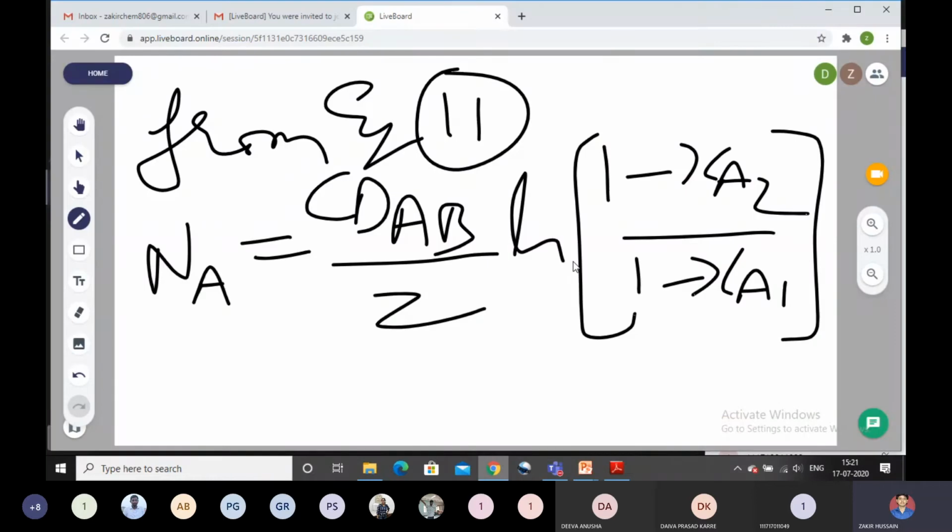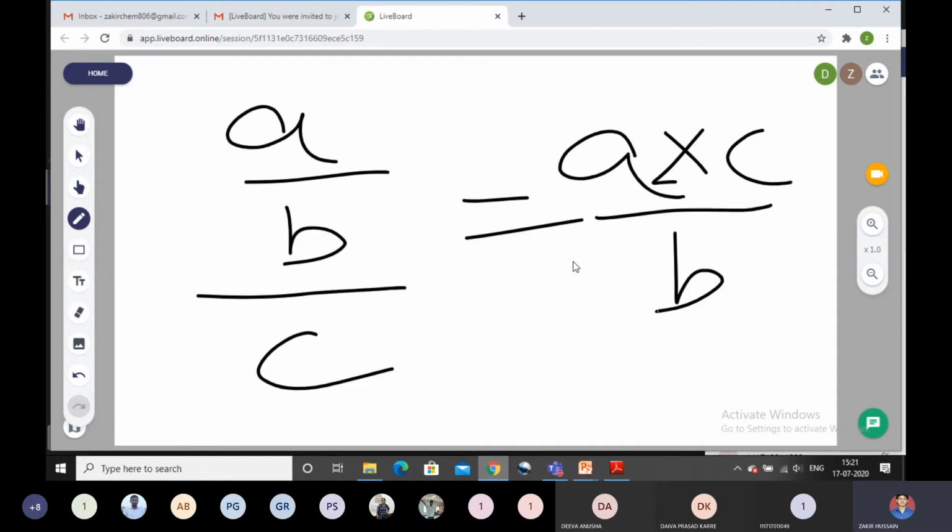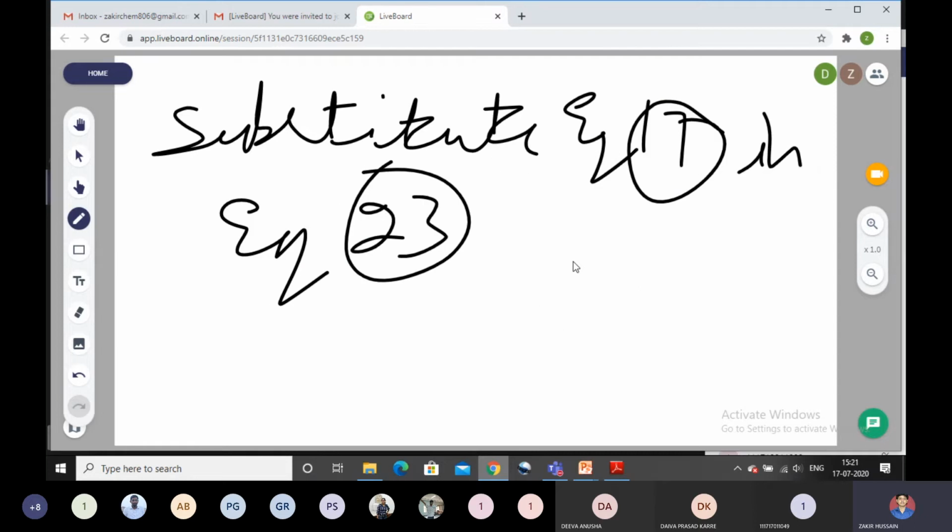Okay, 1 minus XA2 by 1 minus XA1. This is equation 11 only. The same equation I am writing here. Now in order to deduce it in XBln terms, what do we have to do? The same operation. We already deduced the required equations previously.